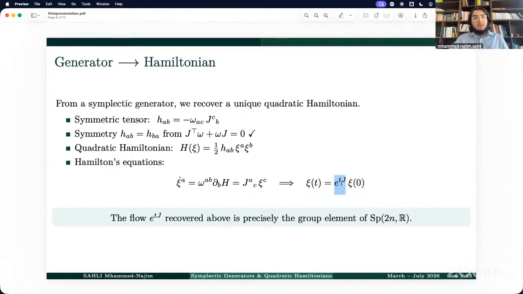And this exponential map with the element J, an element of the Lie algebra, is the exact definition of an element of the Lie group associated with this Lie algebra. So the flow exponential of t times J is recovering actually all the elements of the Lie group that we want to study for the Poisson bracket and the evolution of the covariance matrix.